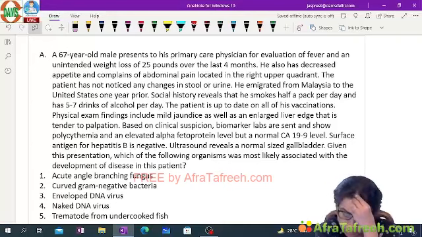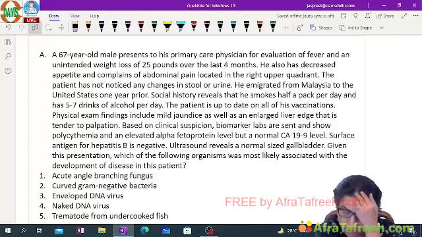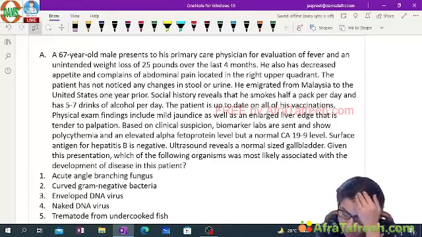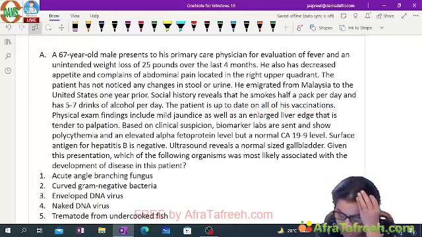He immigrated from Malaysia to the United States 1 year prior. Social history reveals that he smokes half a pack per day and has 5 to 7 drinks of alcohol per day. The patient is up to date on all his vaccinations. Physical examination findings include mild jaundice as well as an enlarged liver edge that is tender to palpation.